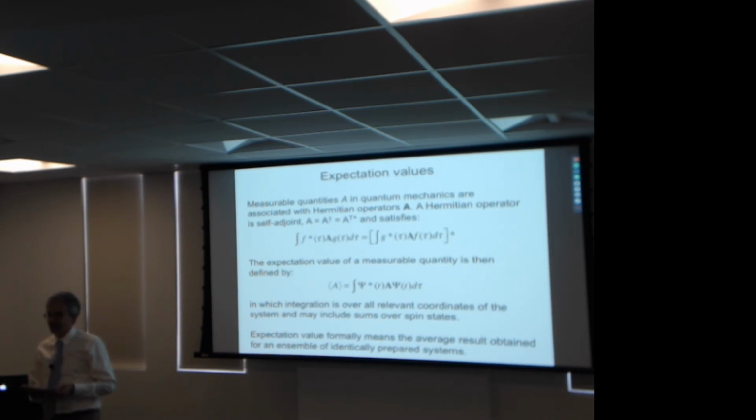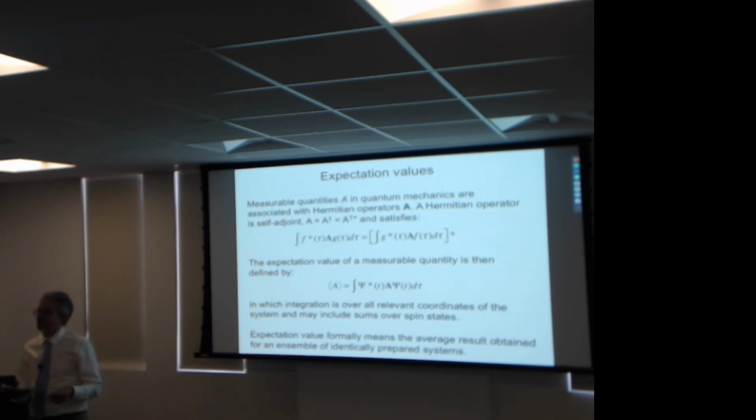If we know the Hamiltonian, we can hope to solve the Schrodinger equation for the wave function. And then you tell me you want to measure voltage. I go ask a physicist what operator A is associated with voltage, and I put that operator in here with the wave function, and what I get out of the calculation is the voltage I would measure in the laboratory.